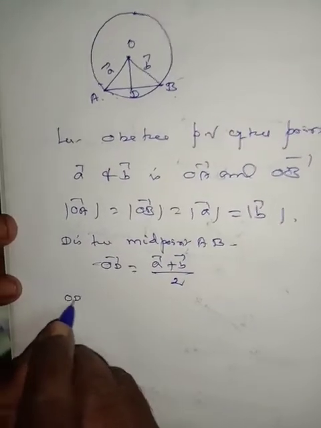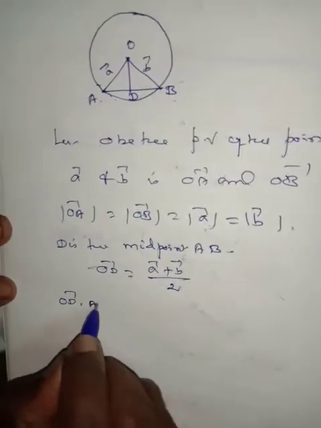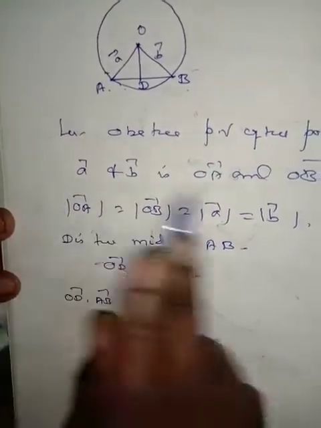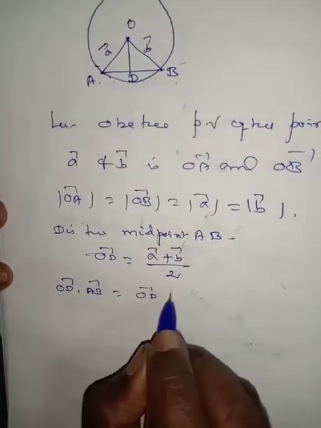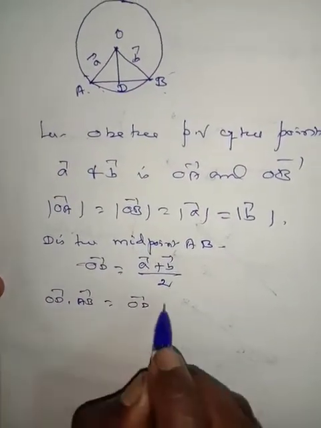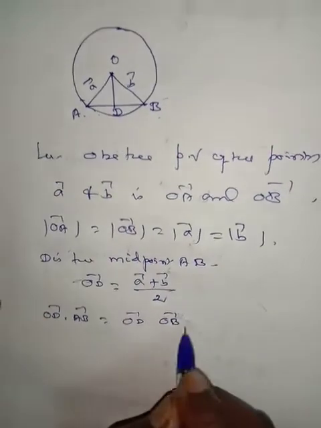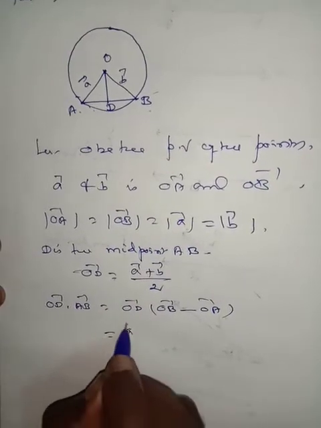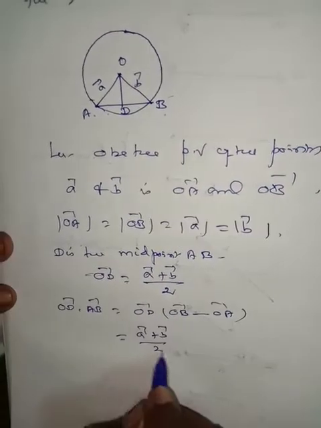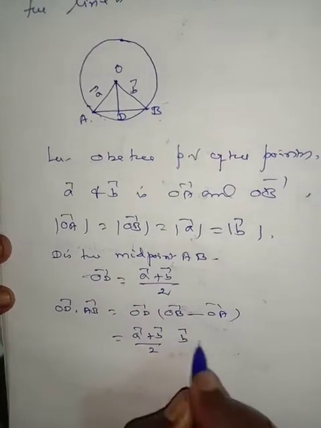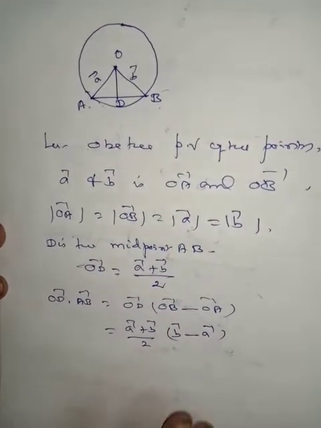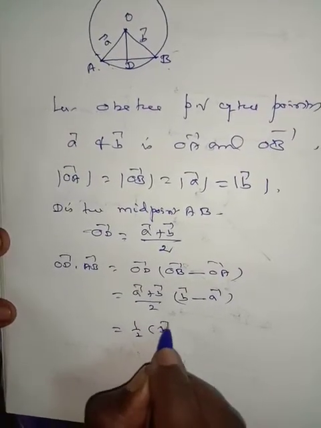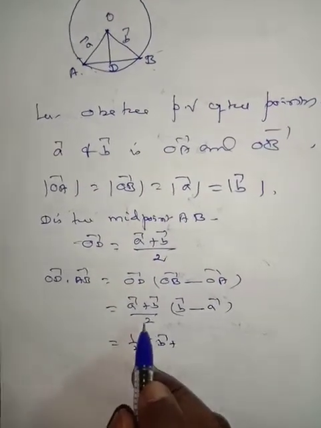Now OD vector dot AB vector. O is the position vector of the points A and B. Therefore, AB means OB vector minus OA vector, so it is A vector plus B vector divided by 2 into B vector minus A vector. Now 1 by 2 is common, 1 by 2 into B vector plus A vector.